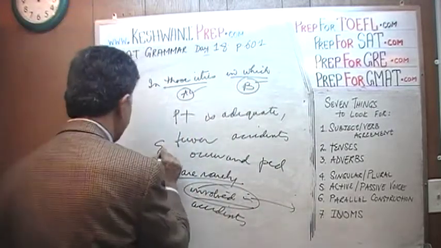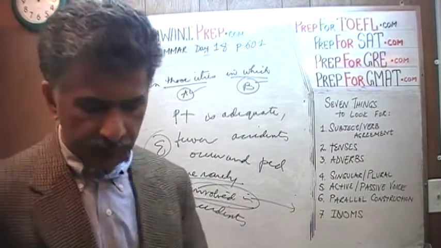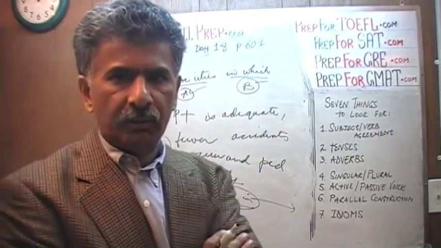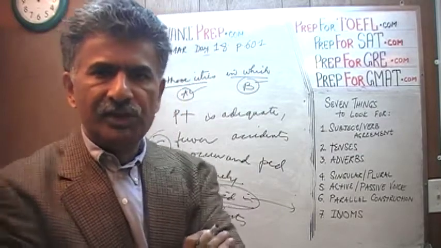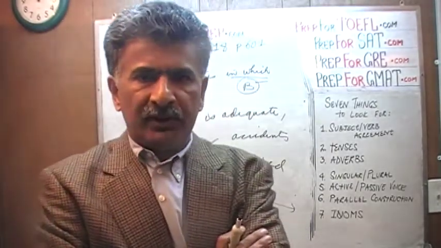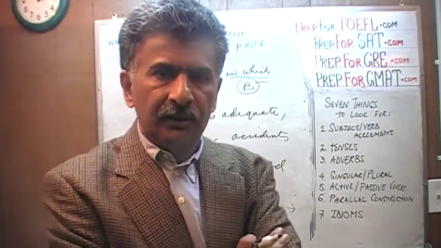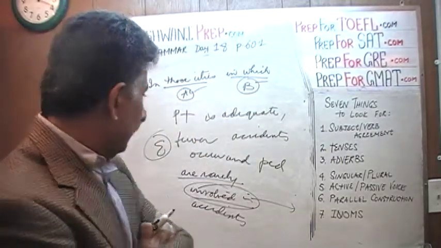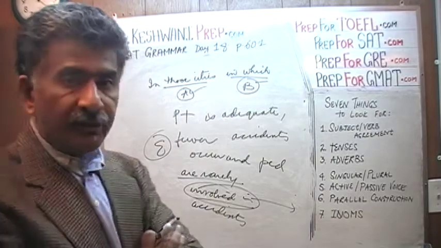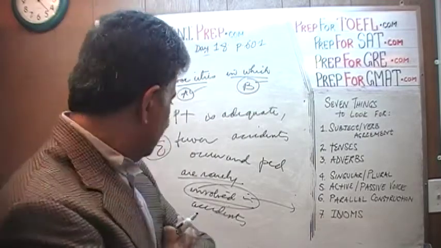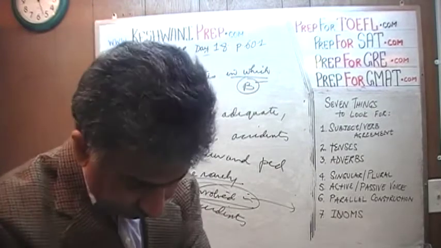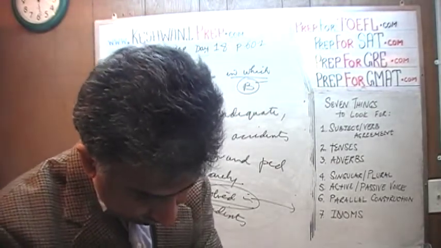The answer is E. There is absolutely nothing wrong with this sentence, even if it sounds a little awkward to us. In those cities in which adequate public transportation is present, fewer accidents occur, and pedestrians are rarely involved in accidents. I think I messed it up a little bit, but you get the idea.